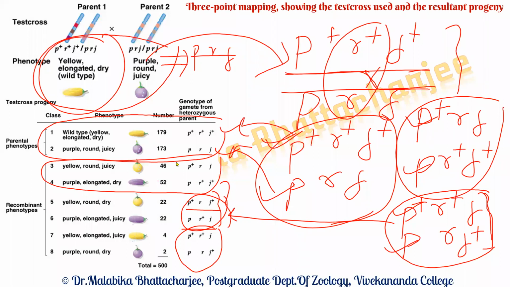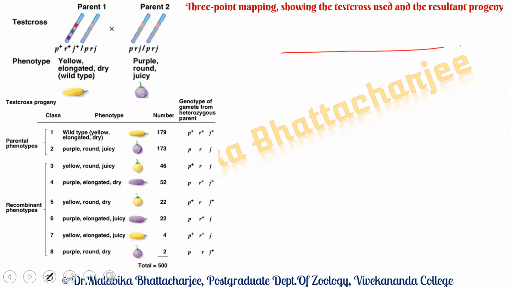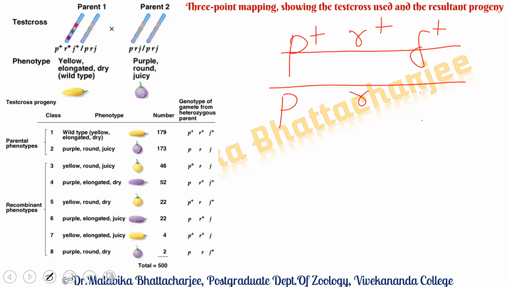So talking about the last two categories of gametes, let me erase all and draw it once more. So we have P plus, R plus, J plus, and P, R, J. So one crossing over took place here. That gave rise to P plus R J and P R plus J plus.